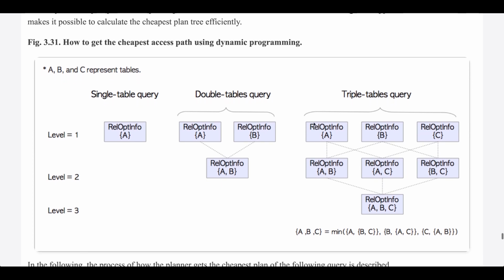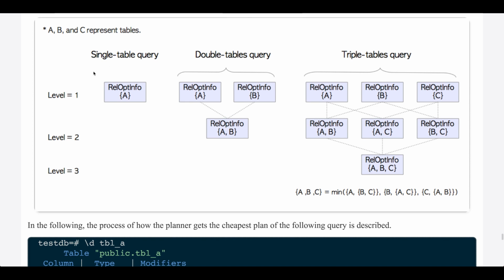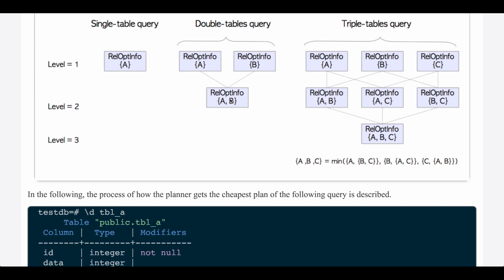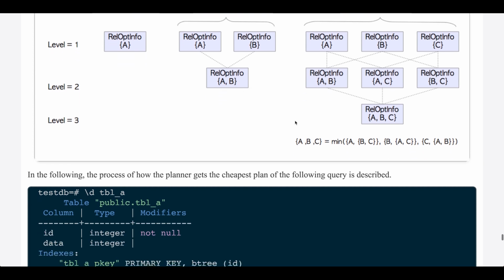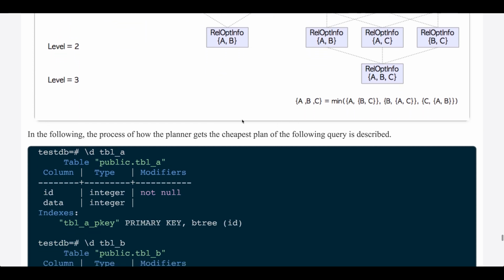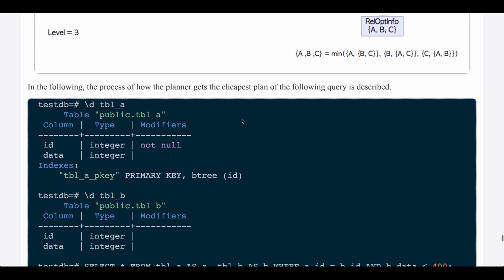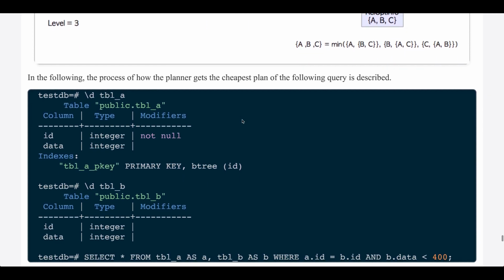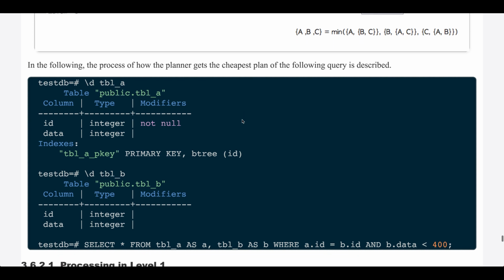How to get the cheapest access paths using dynamic programming. In the following, the process of how the planner gets the cheapest plan of the following is described.